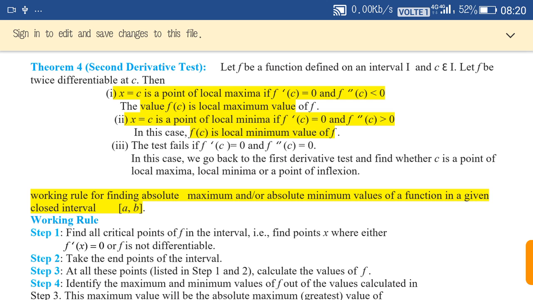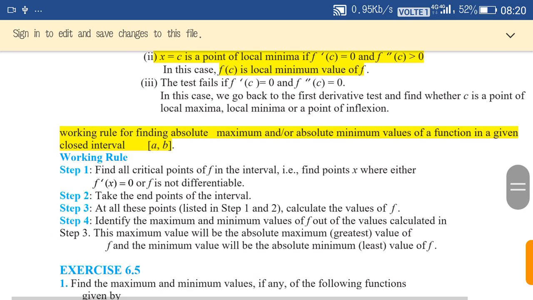Then f(c) is called the minimum value and c is called the point of minimum. The third case is where the test fails: if f dash is 0 and f double dash is also 0. It means we cannot use the second derivative test in case the second derivative comes 0. Then we go back to the first derivative test in this case.